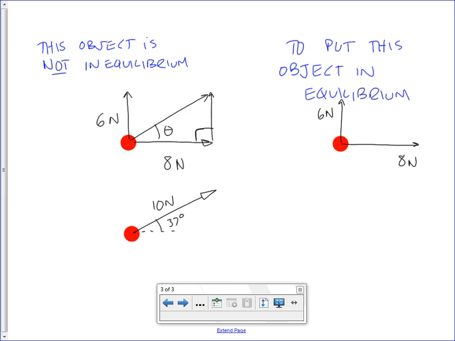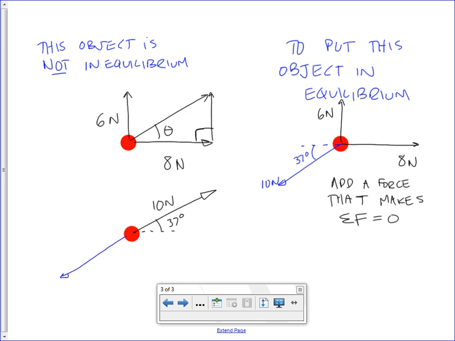Well, we'd have to add a force that makes the net force equal to 0. Well, that would be a force that looks like this. It would have to be a 10 Newton force this way, 37 degrees below the opposite horizontal, equal and opposite to the current net force, right?